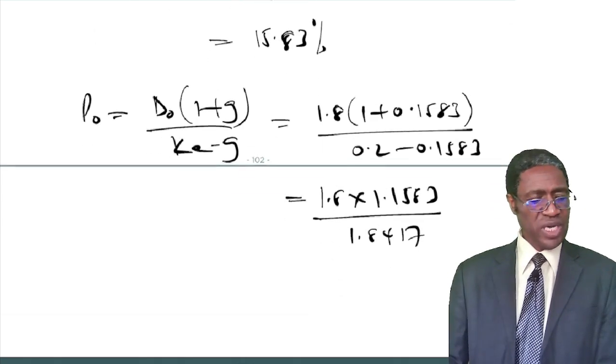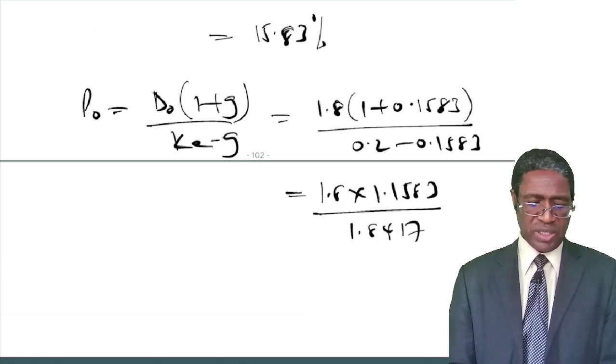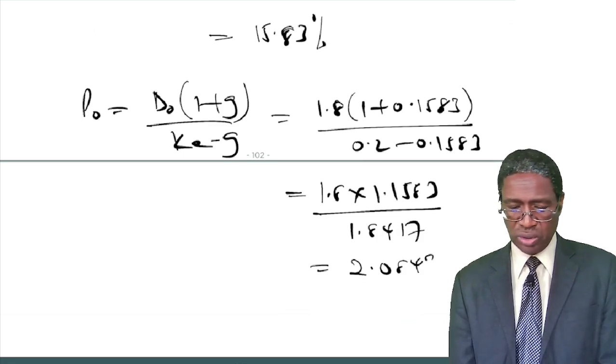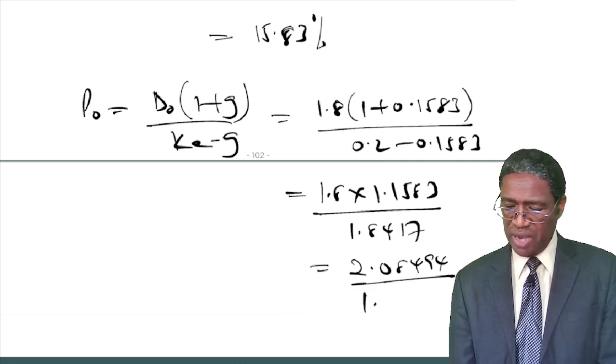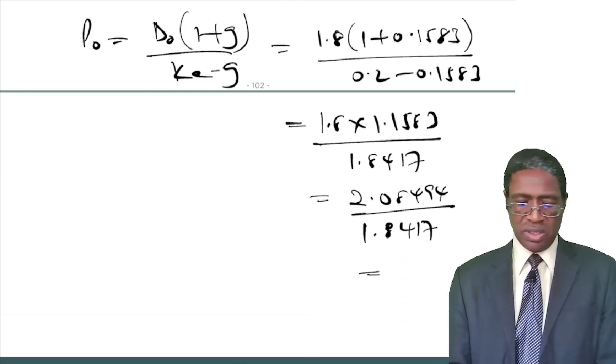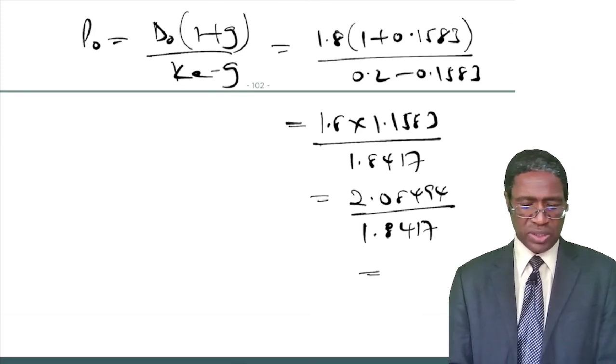Let me get the final answer now. This will be 1.8 times 1.1583. The numerator I'm getting there is 2.08494. If I divide that by 1.8417, what does it come to?